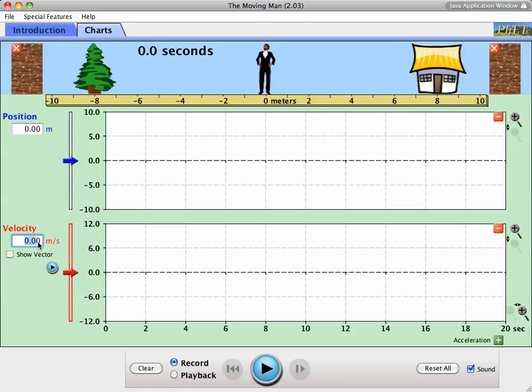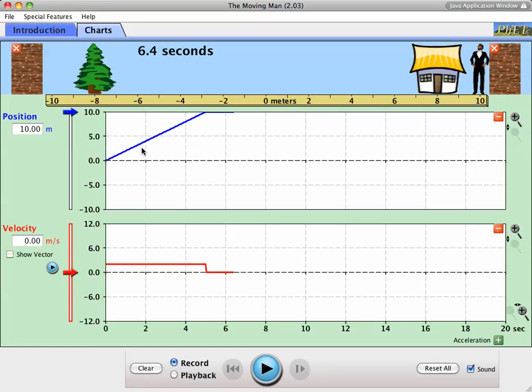And this time, let's put in a velocity. Let's say I'm going to put him at 2 meters per second. That's the speed that I want him to travel. And I'm going to hit the play button. As I hit the play button, you can see that his motion is being graphed. Now you've done enough assignments. All right, we hit the wall. So now let's take a look at this. Does this position time graph make sense to you?